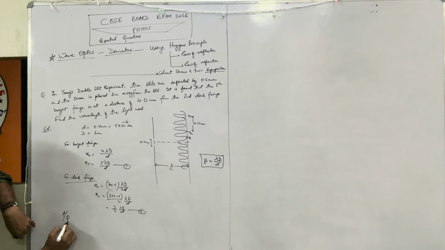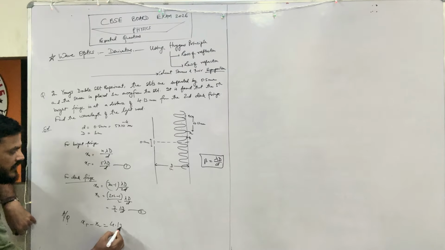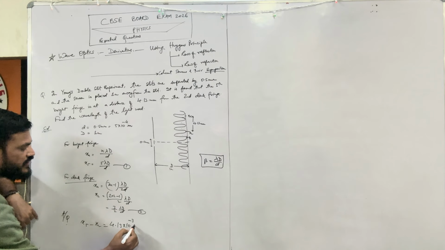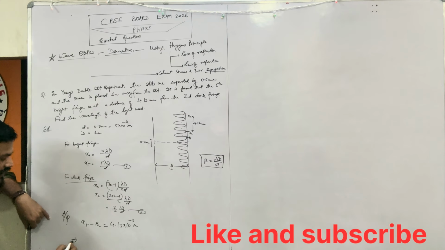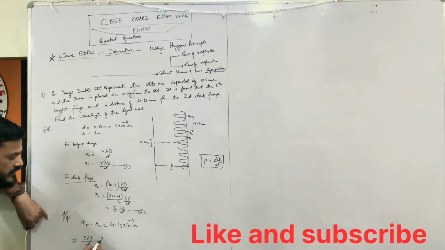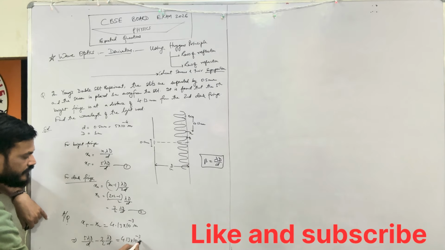According to the question, x5 minus x2 is 4.13 into 10 to the power minus 3 meter. So x5 is 5 lambda D by d and x2 is 3 by 2 lambda D by d, and the difference is equal to 4.13 into 10 to the power minus 3.